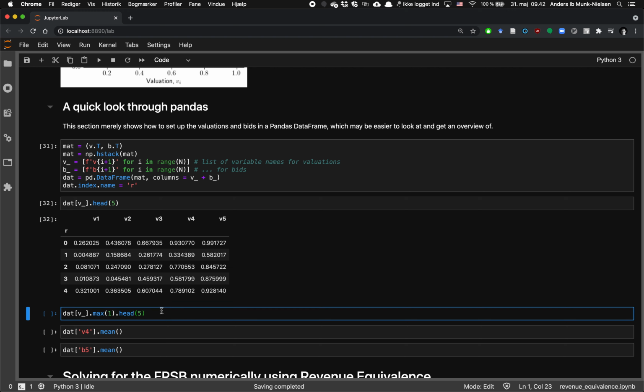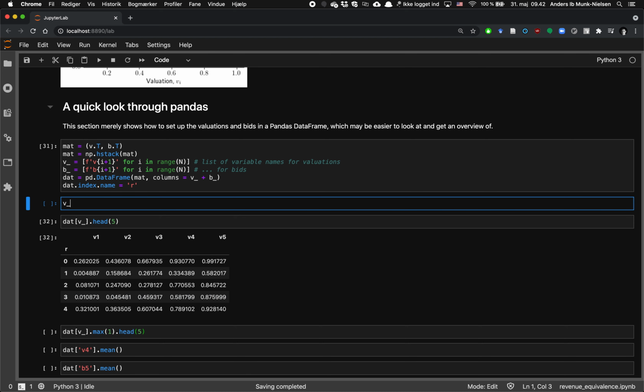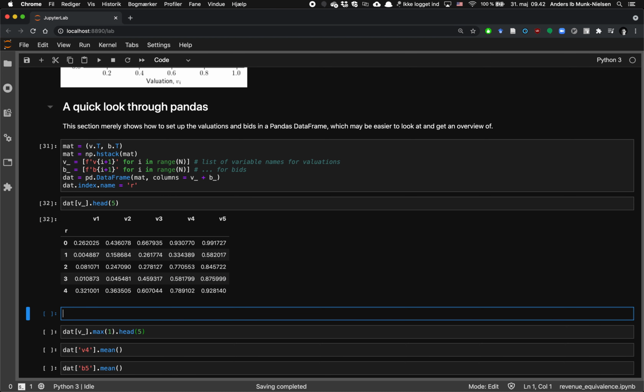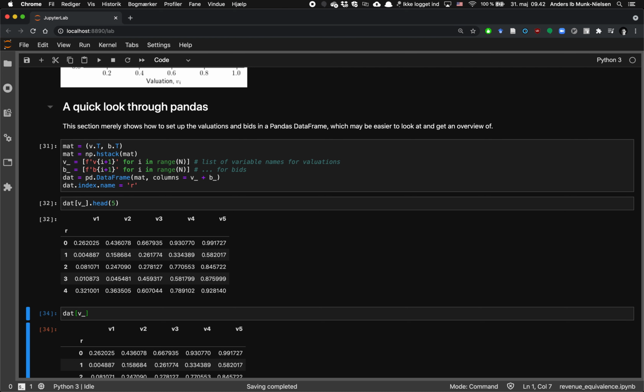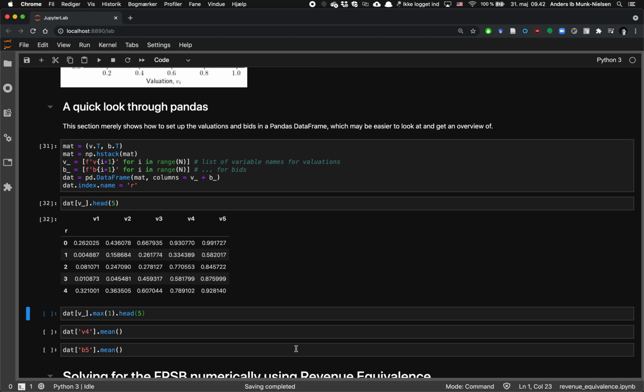And so what we can do is we can say, let's take all of these values. So note that V is a list of variables. So we can take that of V, those variables. The entire data frame also has the bids, right?